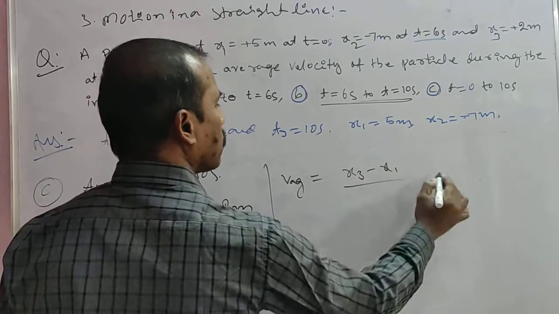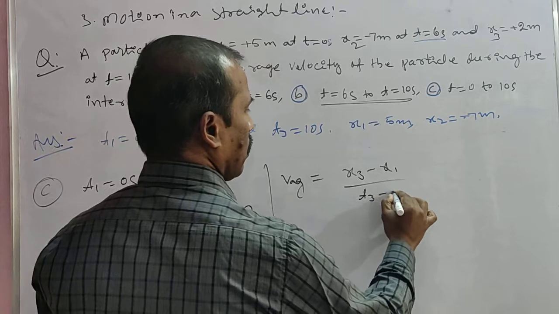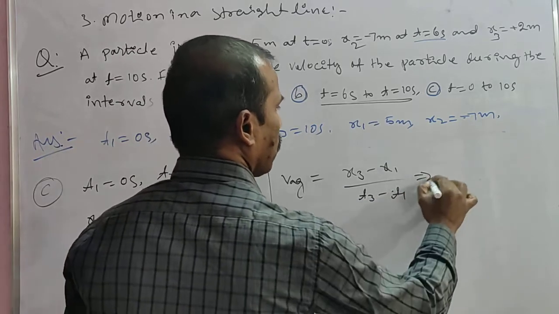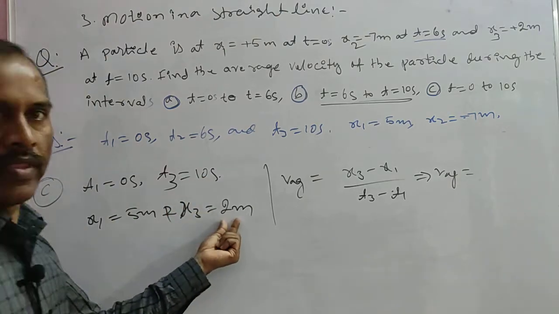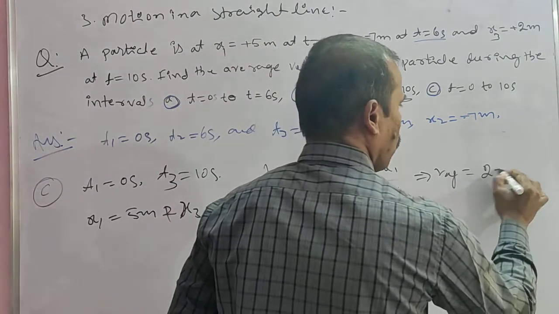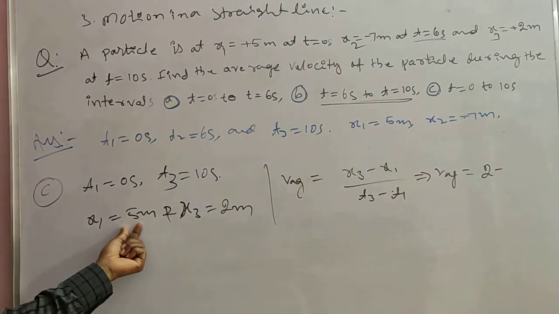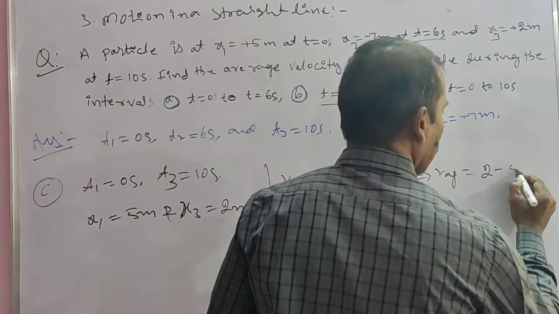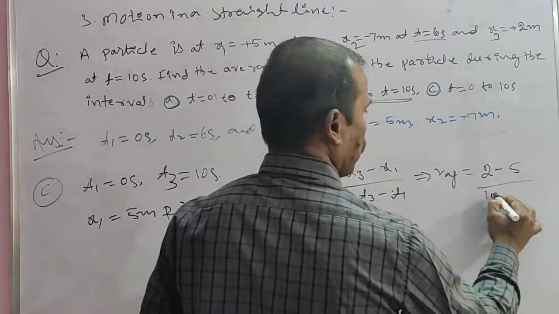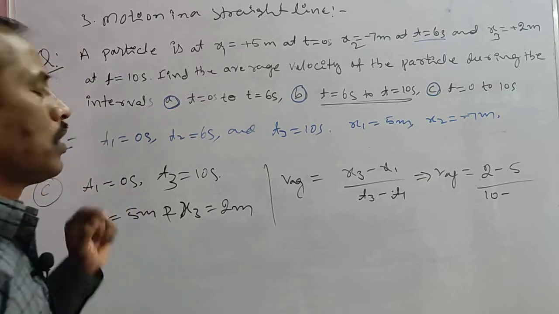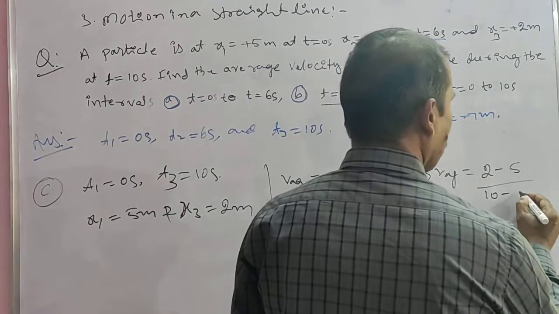Substituting the values, average velocity is equal to x3 value 2 minus x1 value 5, by t3 value 10 minus t1 value 0 seconds.